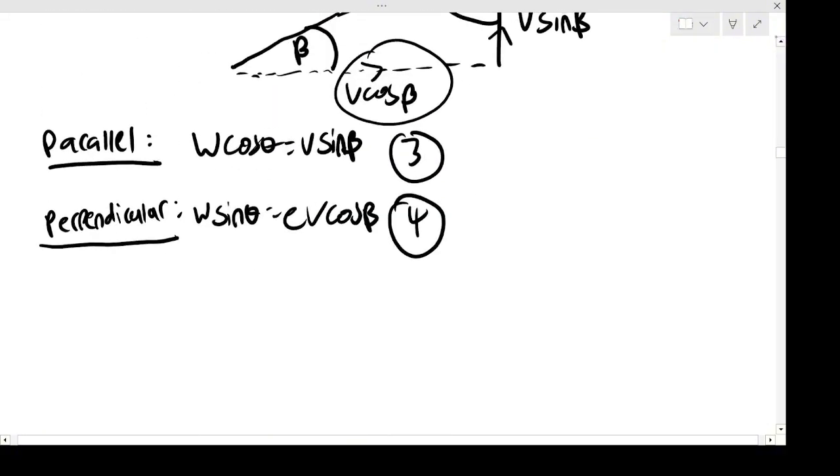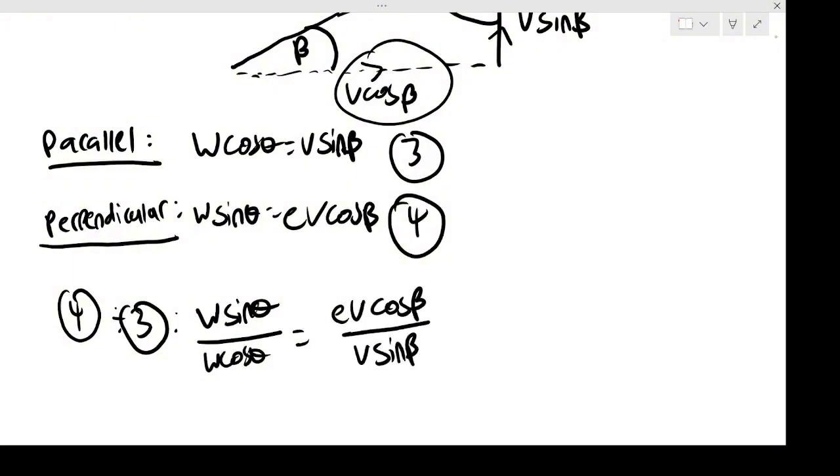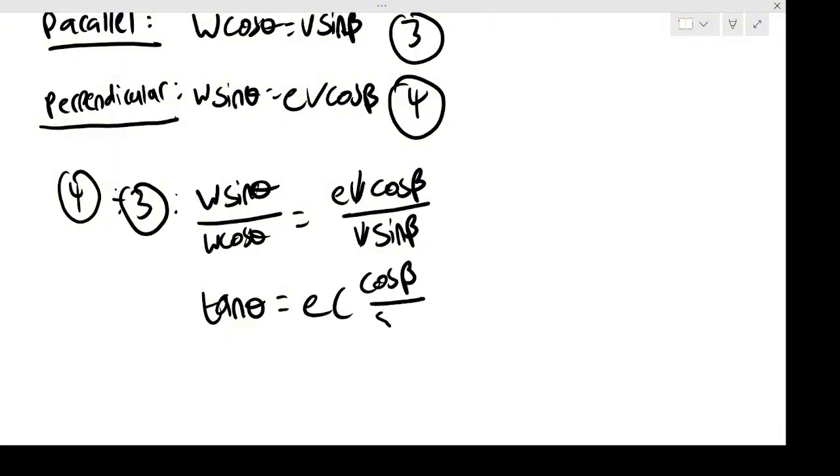If I divide the equations like this, W sine theta over W cos theta is going to be EV cos beta over V sine beta. And so that will get me tan theta: the V's will cancel, so you get E lots of cos over sine beta.